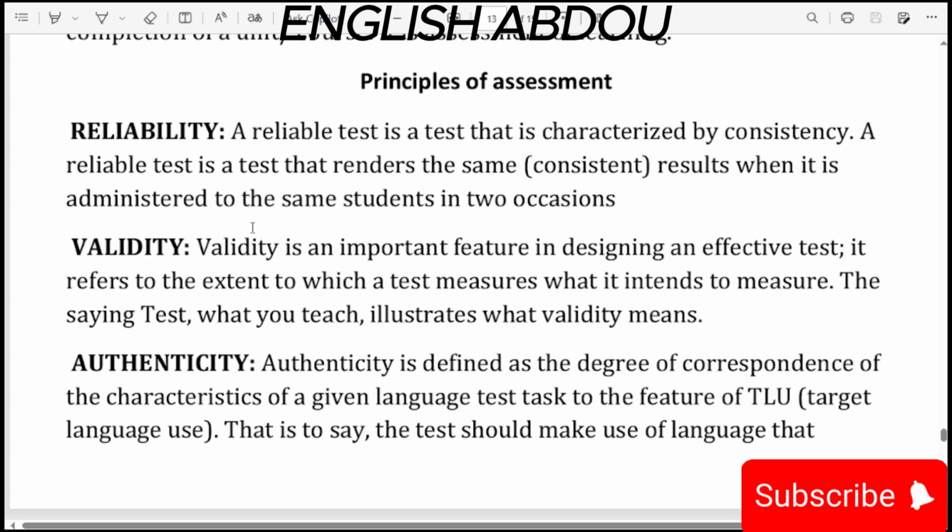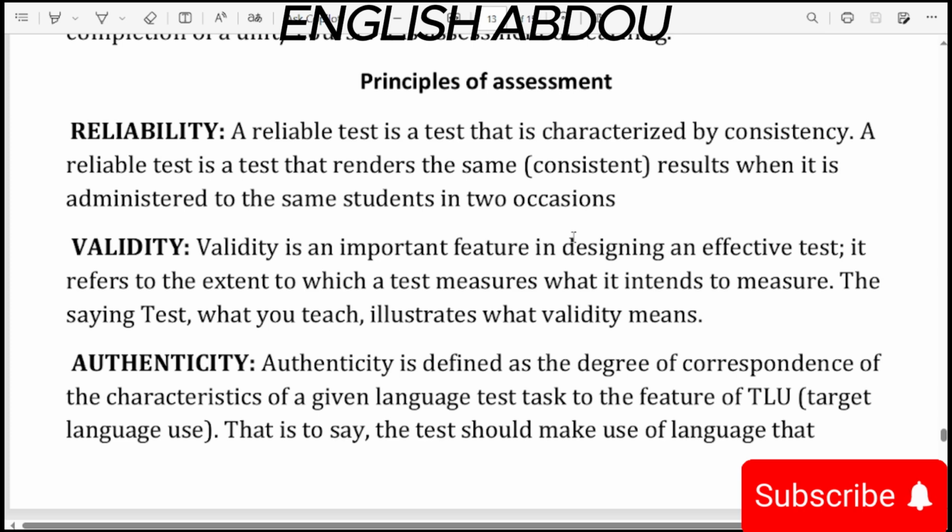A reliable test renders the same consistent result when it is administered to the same students on two occasions. For example, a national exam of baccalaureate students. So the result that this national exam gave last year should give the same result next year.